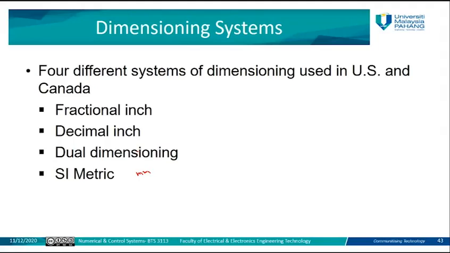So usually engineering drawings are represented either by inch or millimeter. If they use the inch system like in the US, they are going to use inch, either fractional or decimal inch, or for the SI metric, the dimension will be represented in millimeter.